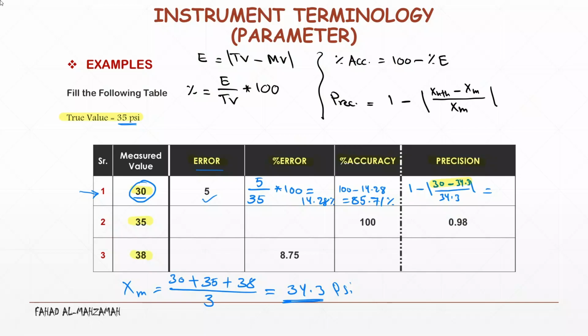So all the time, you take the absolute value of this fraction in order to get a positive value. Then 1 minus that, and the answer is 0.87. 0.87 without any units, it's unitless. So this measurement has a precision of 0.87 compared to the other measurements in terms of precision.